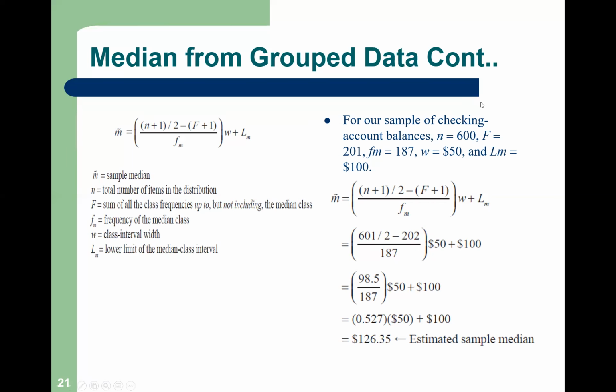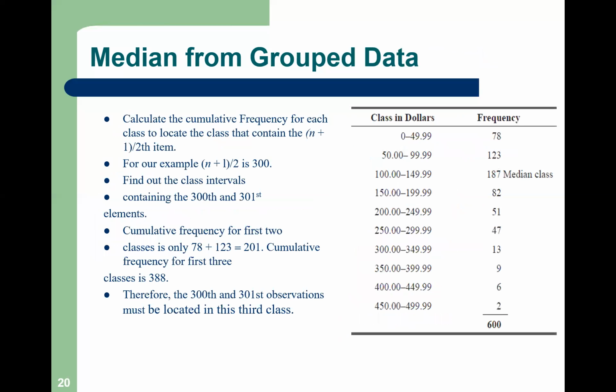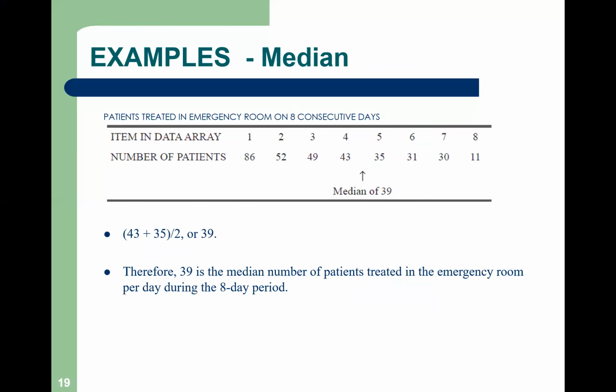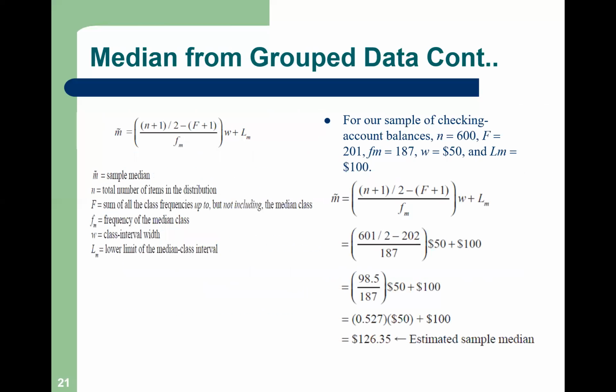Now we put this data into the formula. In our example, n is the total frequency, that is 600. What is F? F represents the sum of all the class frequencies up to the median class. The third class is the median class, so the frequency of the previous two classes is 201.